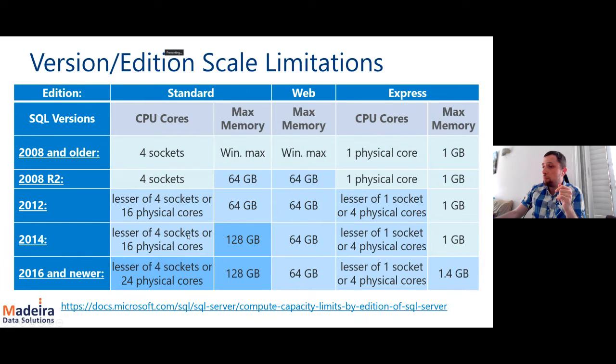I imagine that with time, newer versions will be released. They will keep updating these limitations for the Standard editions. So it's important to stay up to date and be updated about those limitations as new SQL Server versions are released.